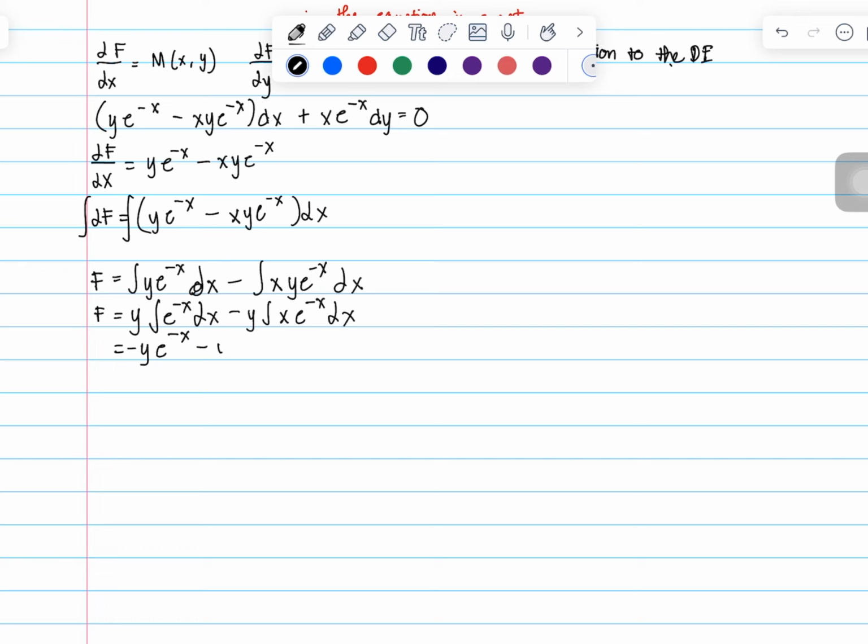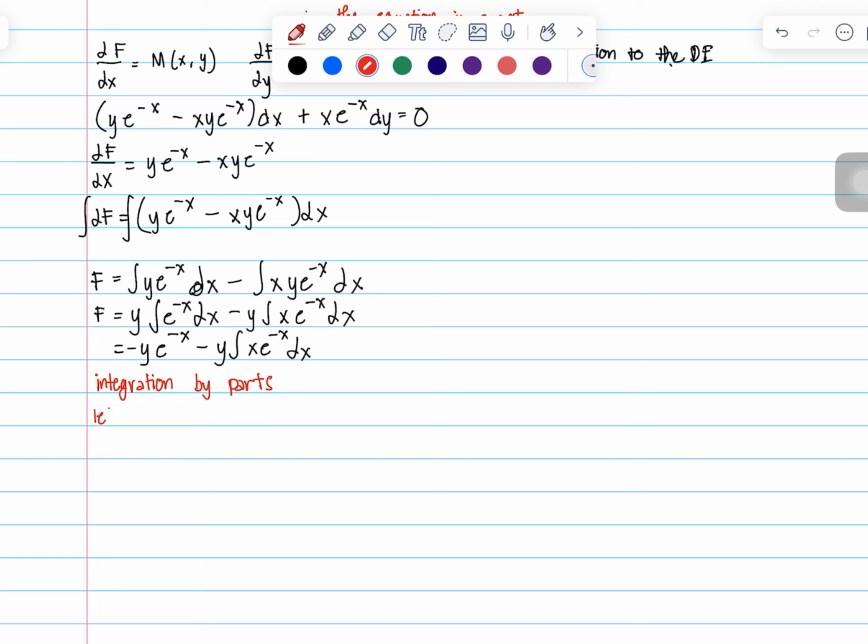So how about this one? How do we get the integral of x e to the negative x dx? So that is basically integration by parts. So what does integration by parts mean?